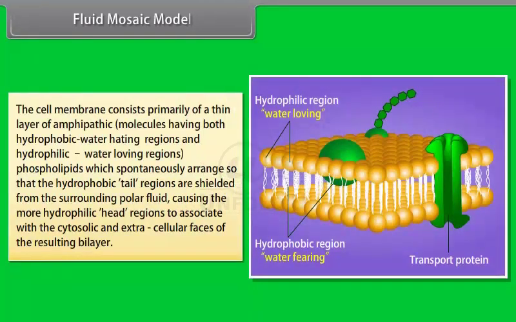The cell membrane consists primarily of thin layer of amphipathic molecules having both hydrophobic water-hating region and hydrophilic water-loving regions, phospholipids which spontaneously arrange so that the hydrophobic tail regions are shielded from the surrounding polar fluid, causing the more hydrophilic head regions to associate with the cytosolic and extracellular phases of the resulting bilayer.